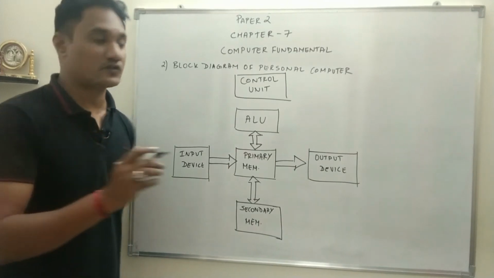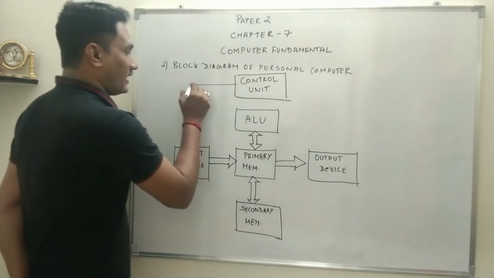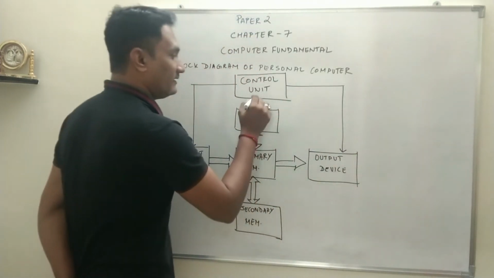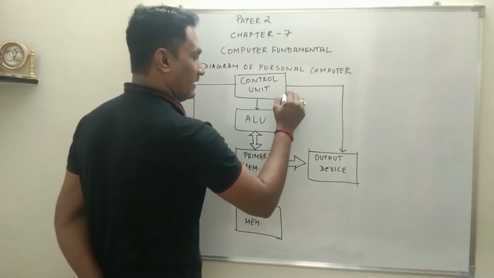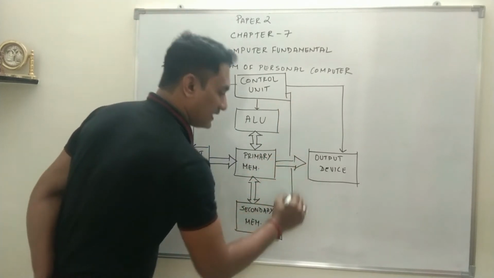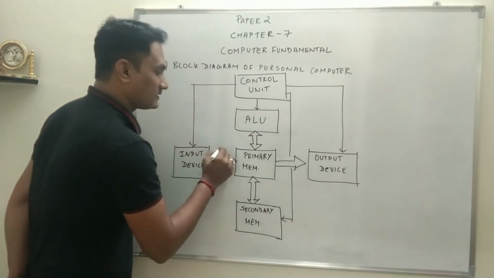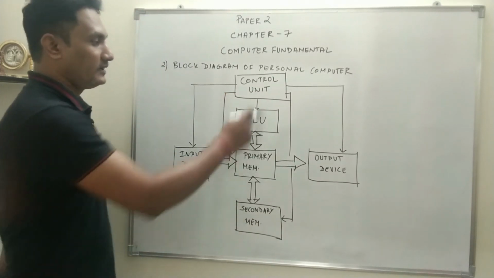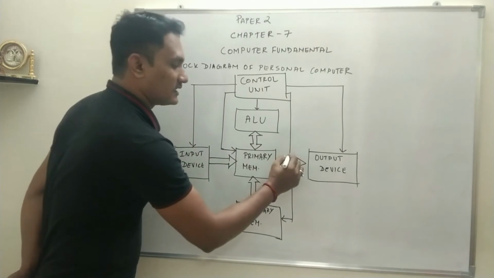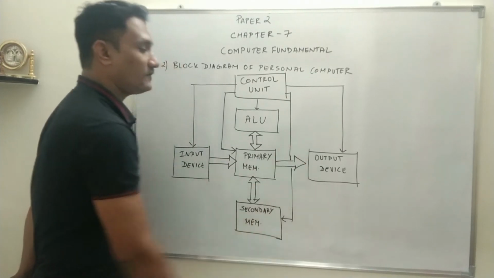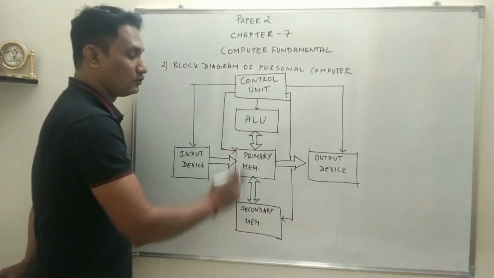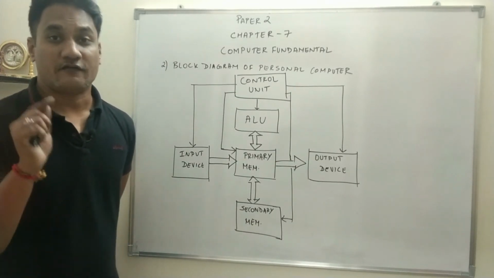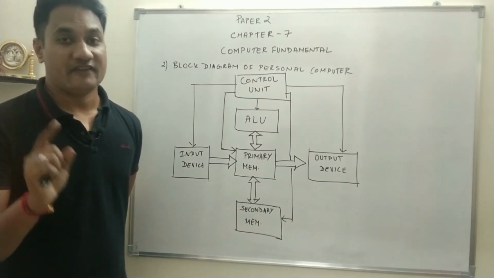So the control unit controls the speed as well as the performance of all the blocks. There should be a signal transferred from the control unit to all the peripherals. It tells all the peripherals what function to perform and when to perform it.